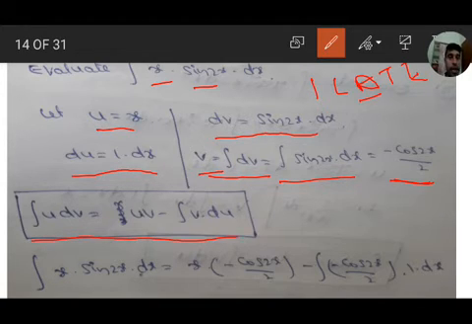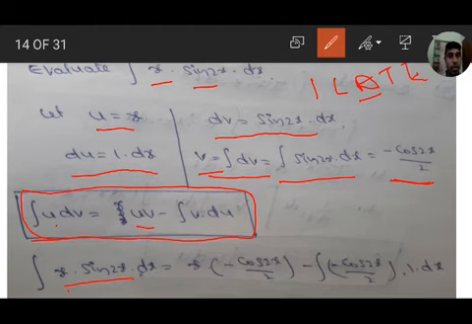The formula is integration of u into dv equal to uv minus integration of v du. So substitute: integration of x into sine 2x dx equals u, which is x, times v, which is minus cos 2x by 2, minus integration of v, minus cos 2x by 2, into du, 1 into dx.